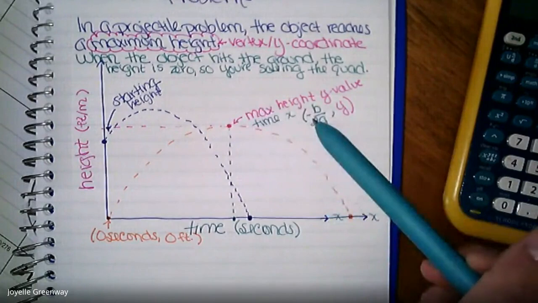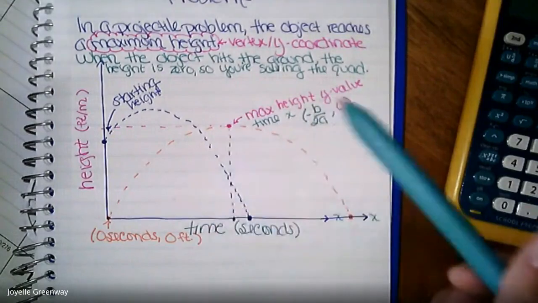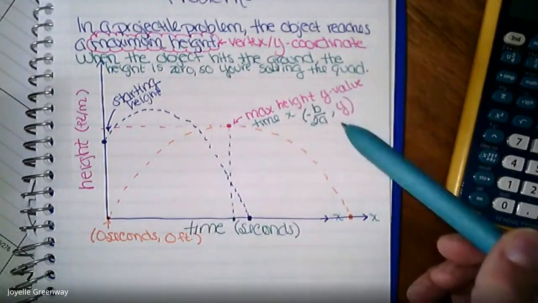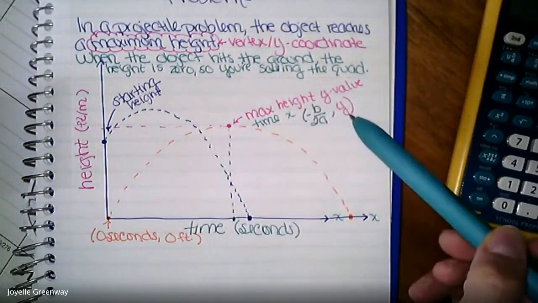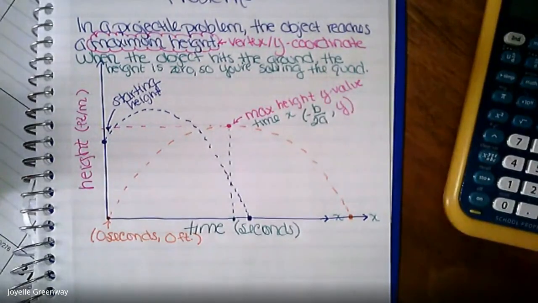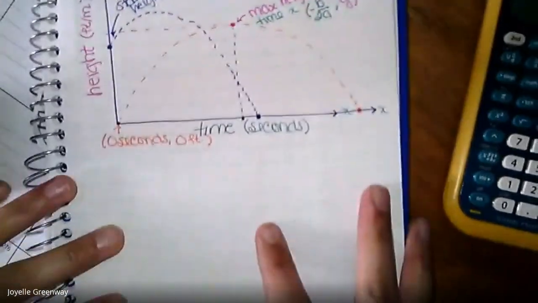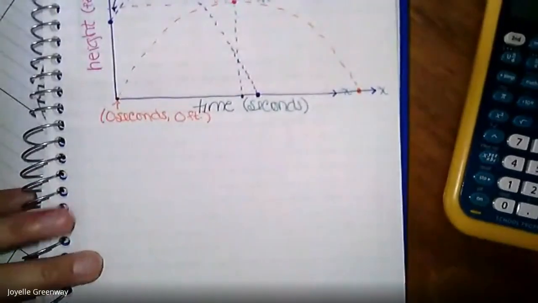When you substitute that time in, say it's 5 seconds, and you simplify, that's going to give you the actual max height. I'm going to take you through just a couple more things that you need to know, and then we'll do some examples.